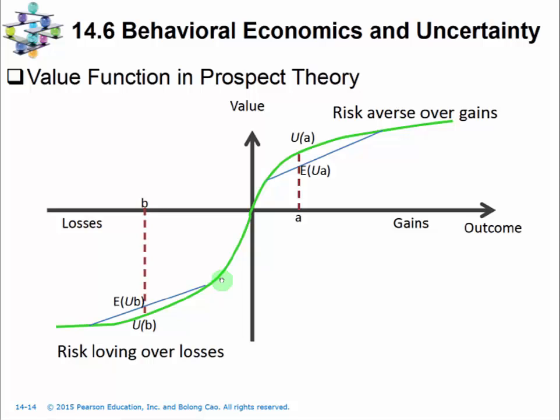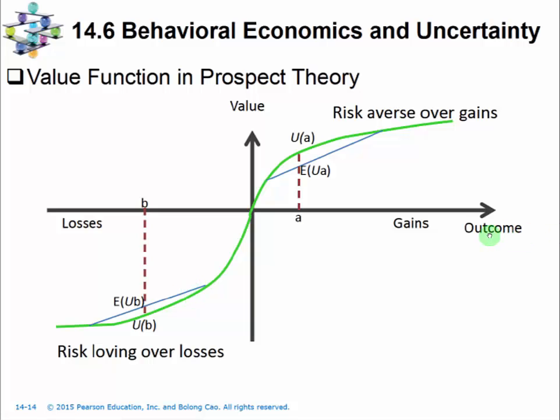And what they're hoping for is basically for the loss to be reversed. So stock investors often ride their losers for too long. They are risk-loving when facing losses because they would like to delay the realization of the uncertain losses and still hope for recovery if there's a chance for the stock to come back.